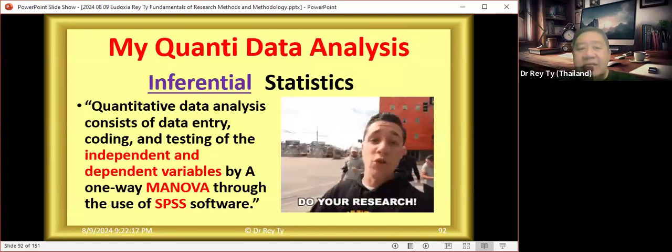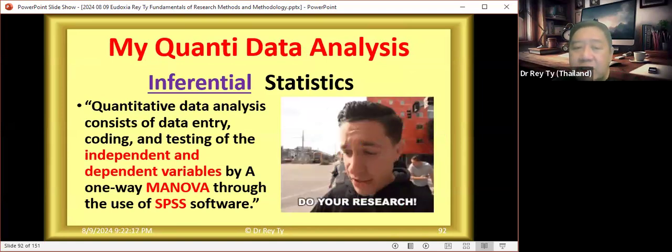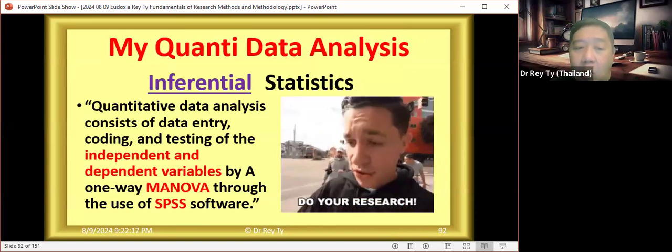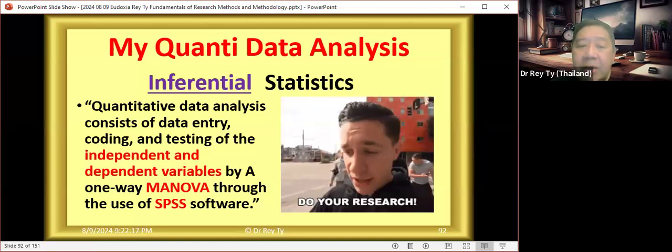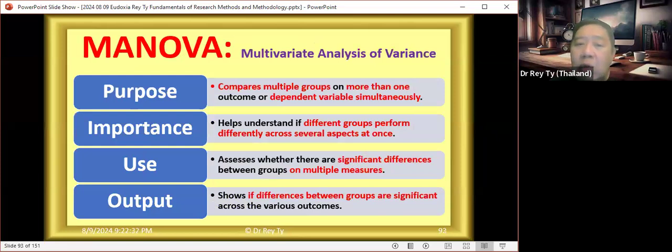So that uses inferential statistics, testing the relationship between independent variables and dependent variables by a one-way MANOVA through the use of SPSS. Okay. MANOVA is when we are looking at many variables.